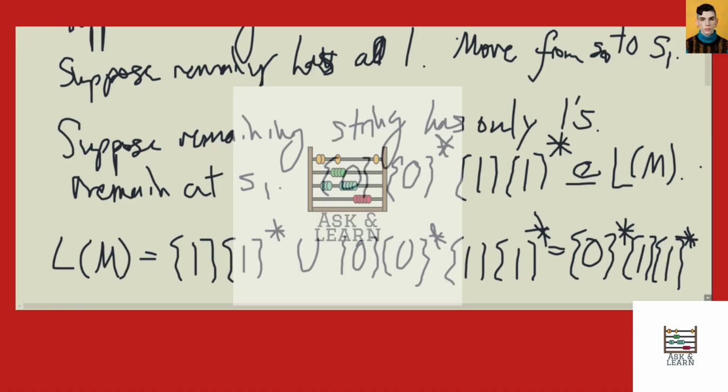So in other words, this is the set of all strings which have any sequence of zeros followed by any sequence of 1s with at least one 1. So this is our answer.